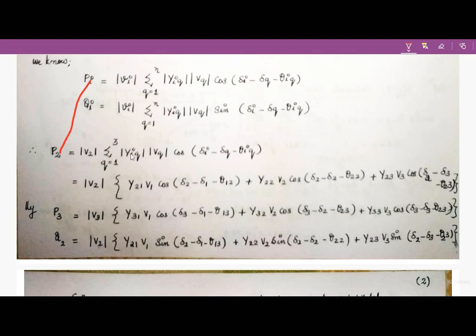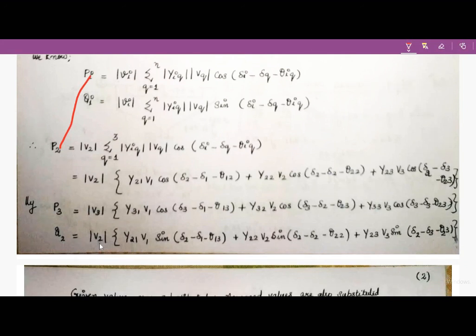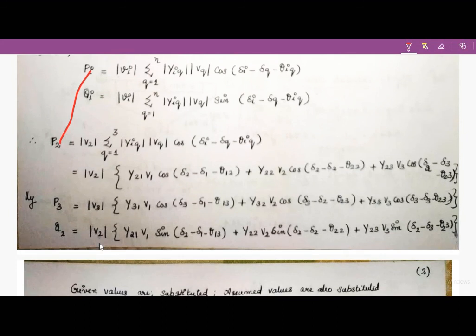It is 3. So Yiq, Vq cos(delta i minus delta q minus theta iq). I am including the values over here. We can expand like this. After expanding, similarly I can write P3 by substituting i equal to 3. Similarly I can calculate Q2 from this equation by substituting i equal to 2. So P2, P3 and Q2, these are the values which we are going to calculate as well.